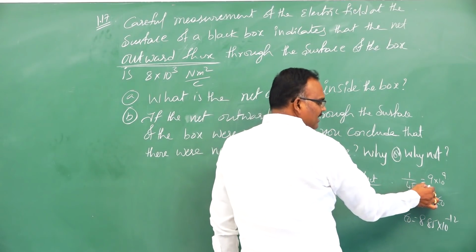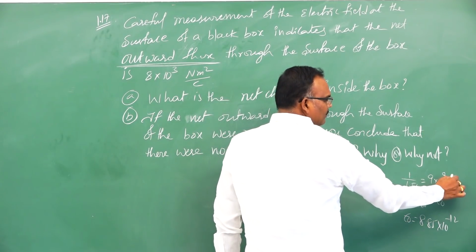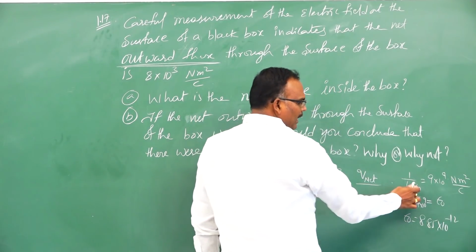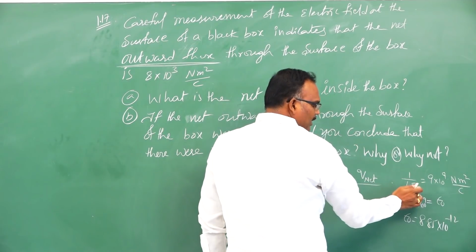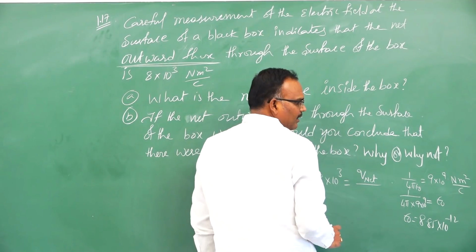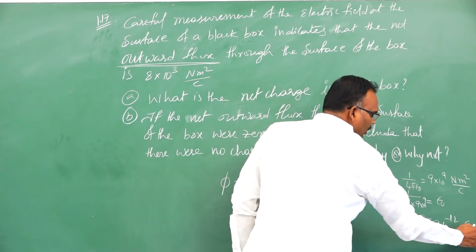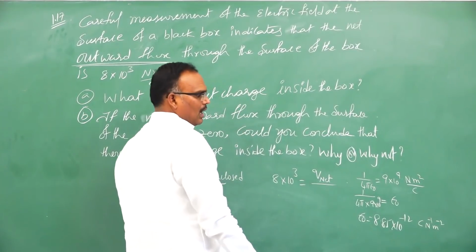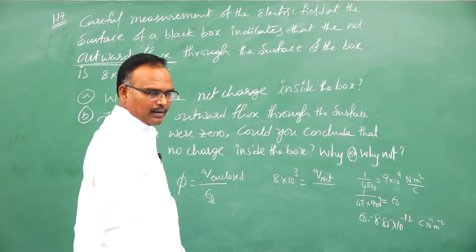See, unit for this is Newton meter square per coulomb, but epsilon naught is coming here, so we have to take it here and this will come to the denominator.